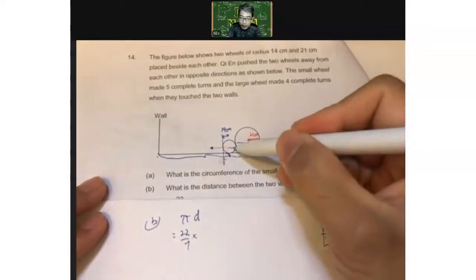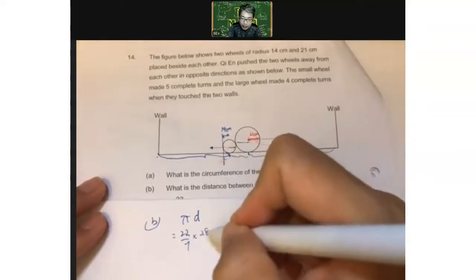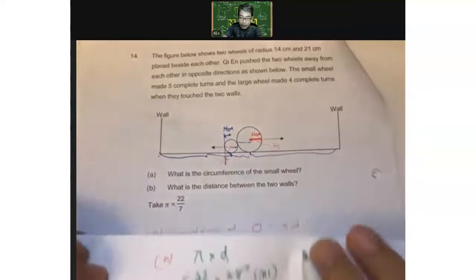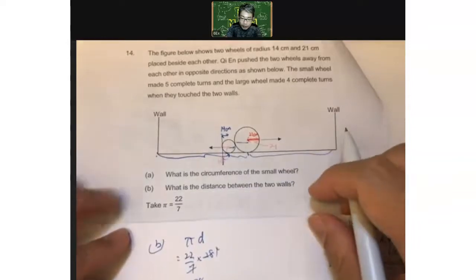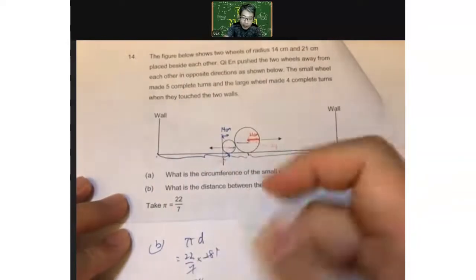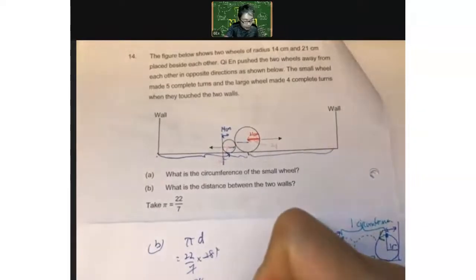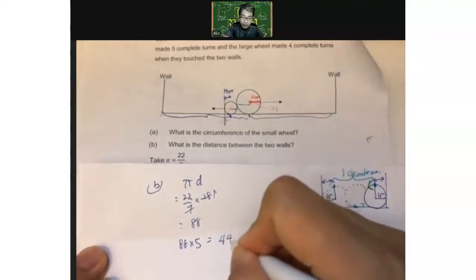Diameter of the small wheel will be 28, right? 14 is the radius, diameter is 28, and I'll have 88, and that was found earlier in the first part. And since I need to make 5 complete turns of the small wheel, 88 times 5, and I will get, let me check my sums, 440.